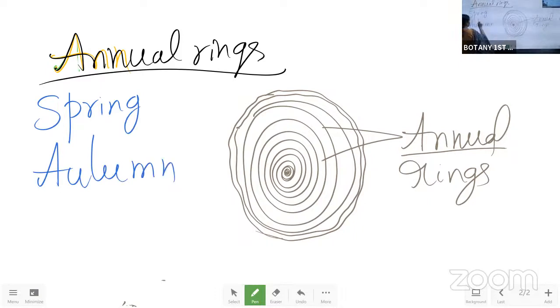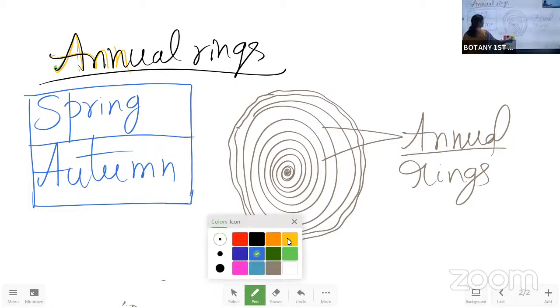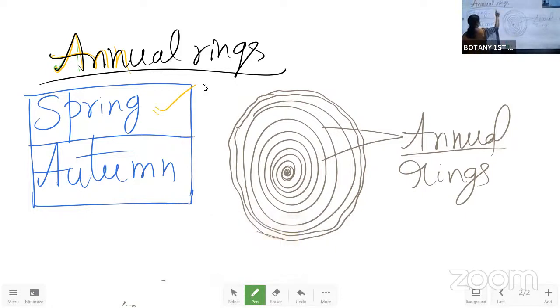In this, which one is the most favorable for the plant body and which one is not that favorable for the plant body to grow? Based on that only we can go with this type of annual rings study. Okay. So the spring season is the most favorable condition for the plant body. How?